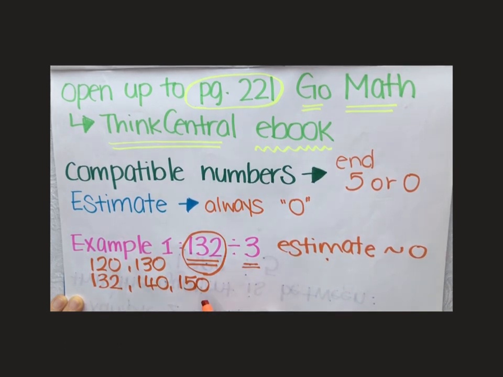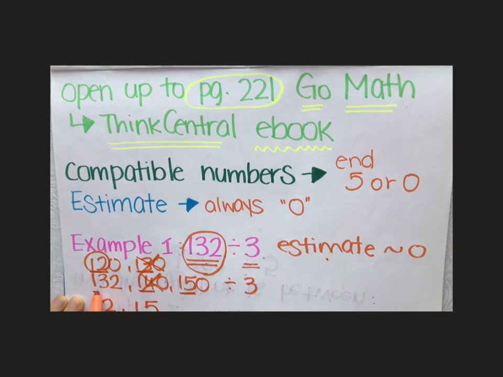Because when the numbers end with 0, they are much easier for us to calculate. Out of these numbers, I'm going to underline the basic facts, which are 12, 13, 14, and 15. Which of these numbers can I divide by 3? I know I can divide 12, 13 I can't, 14 I can't, and I can use 15.